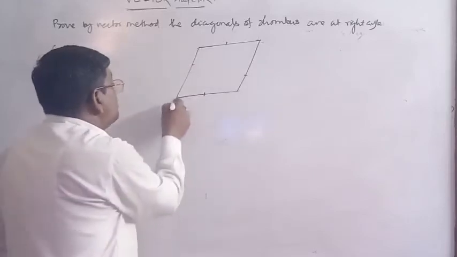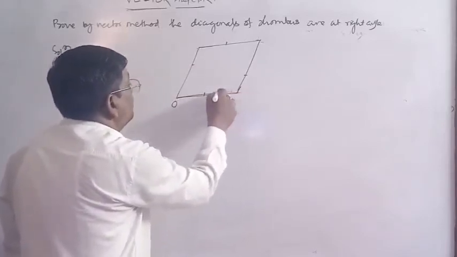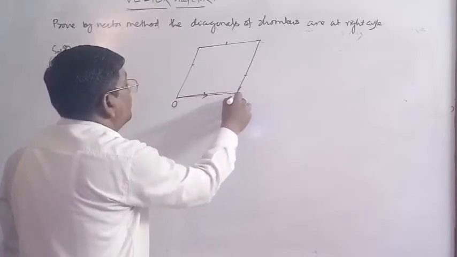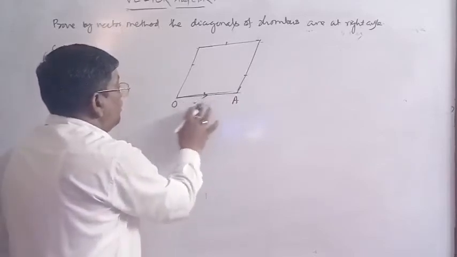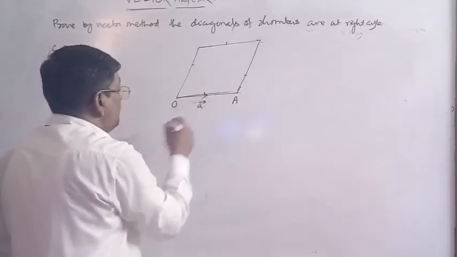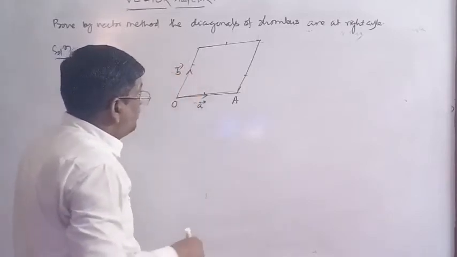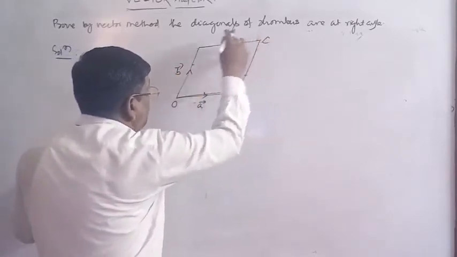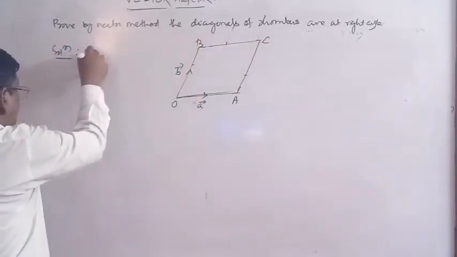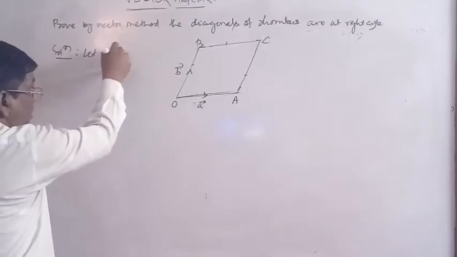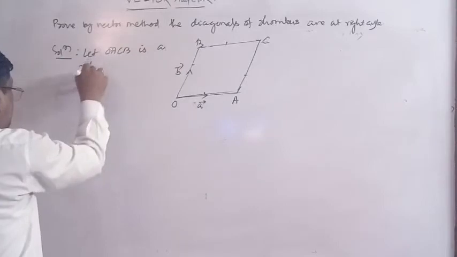Okay. So take OA. Suppose this is OA, and this is equal to A, this is equal to A, and this is equal to what? B vector, and this is suppose C and this is B. Let OACB is a rhombus.